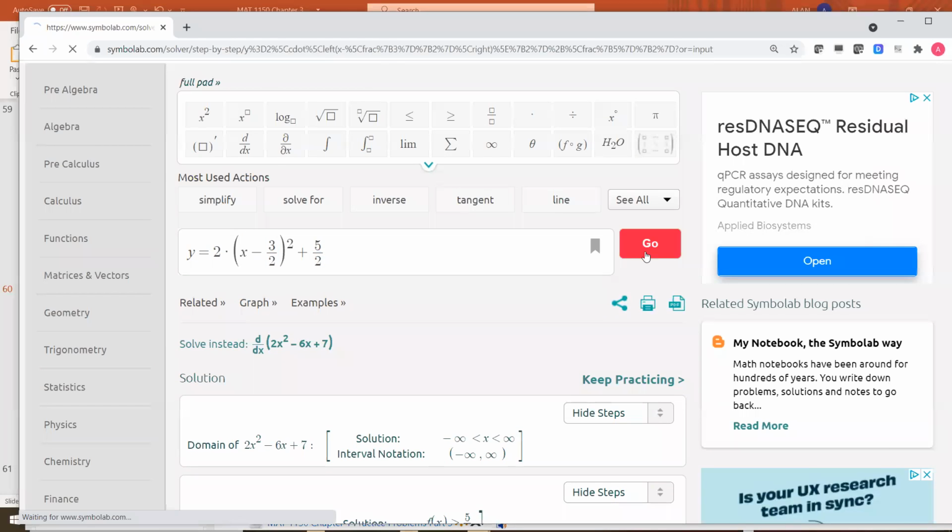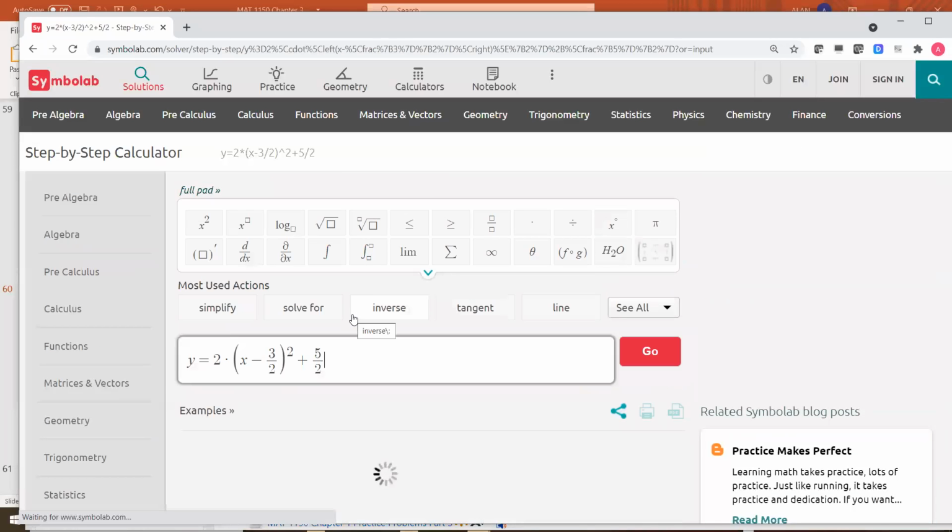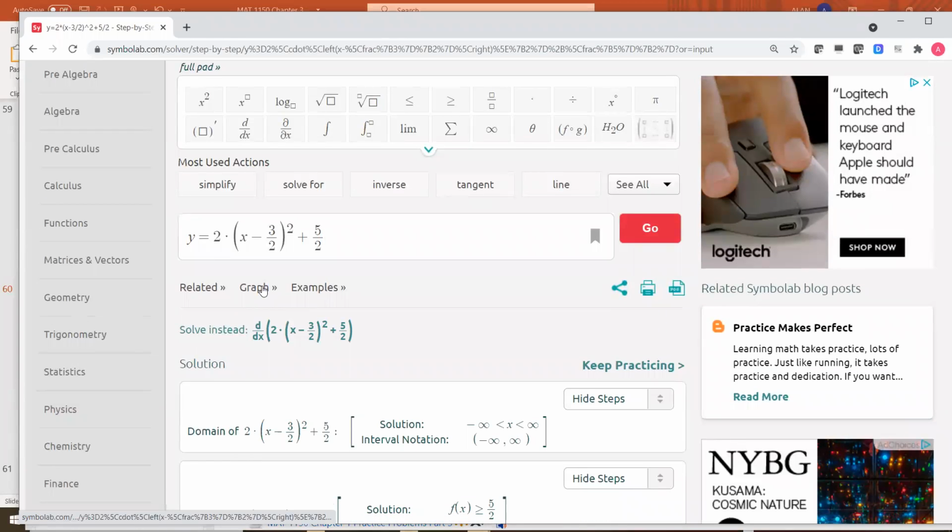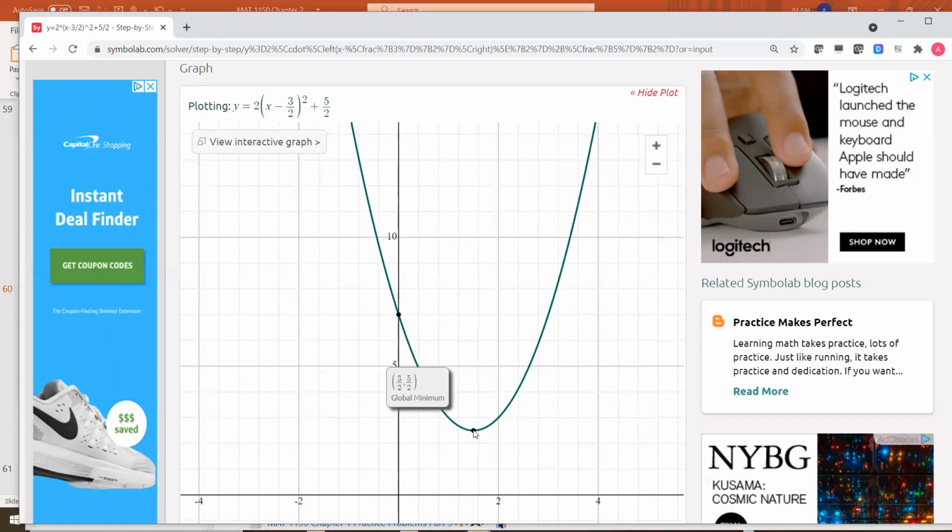And we'll say, oh, please, Symbolab, show us another graph. It's the same. Of course it is. So that means that they both represent the same information, but expressed in a slightly different way. Okay. Very good.